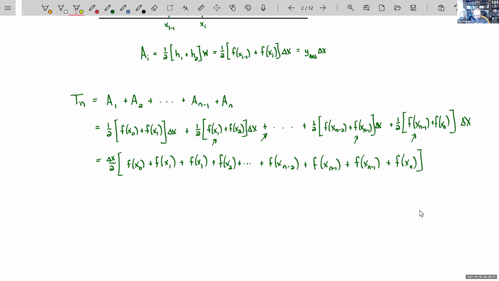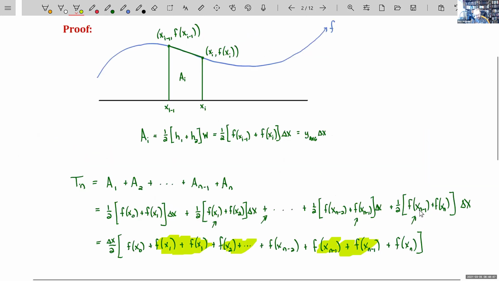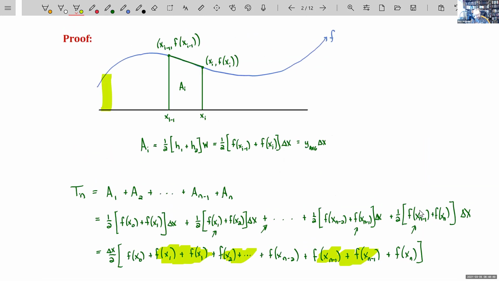Now, you should have 2 of all of those f of x sub whatevers. Every single one of them, you should have 2 of them, except for the left and right edge. Because, well, the left and right edge of this entire interval only occur once. X sub 0 is right here. X sub 1 gets used to compute this area, but also gets used to compute the next area. But x naught and x sub n only get used once.